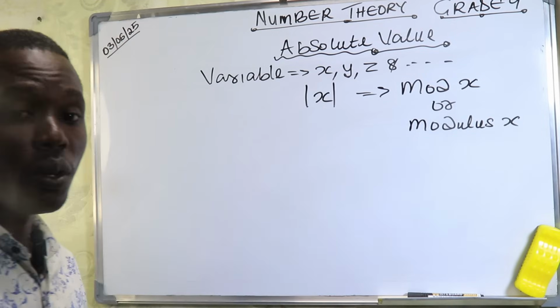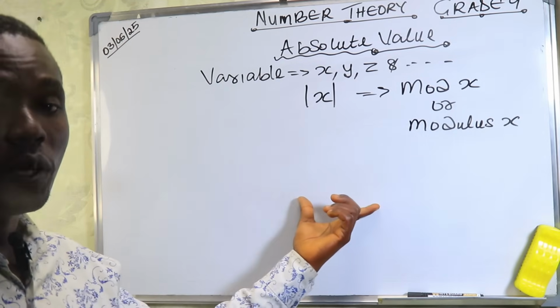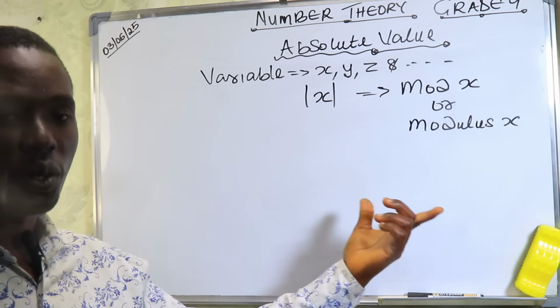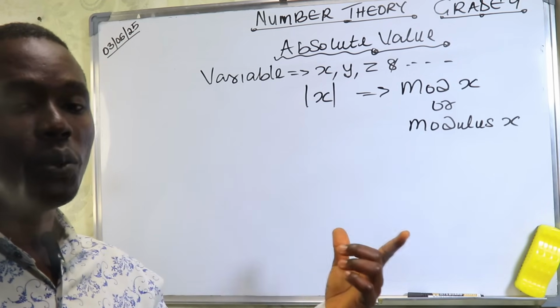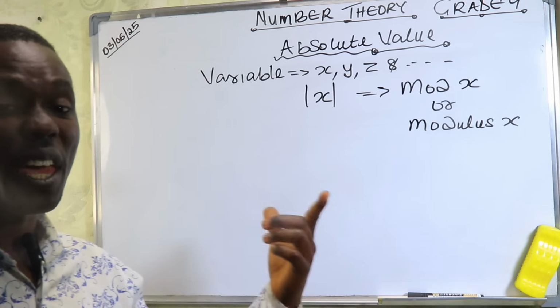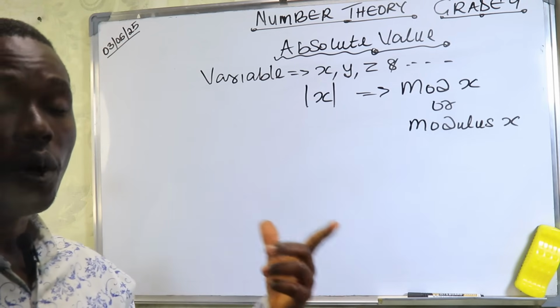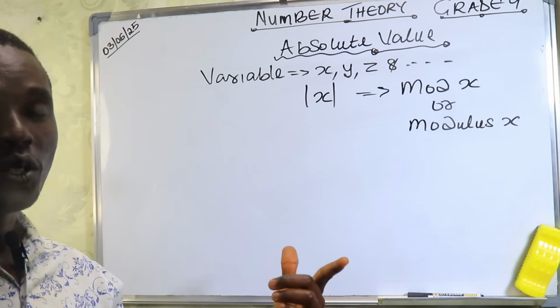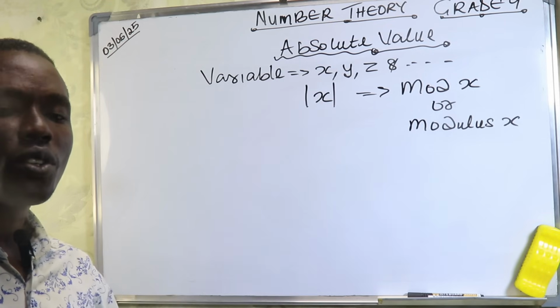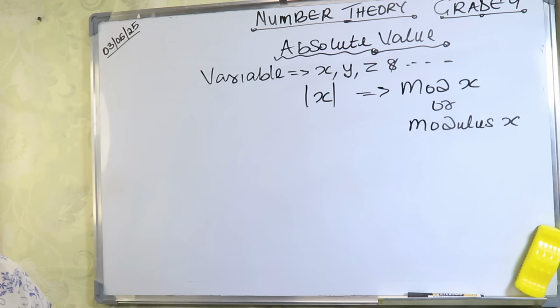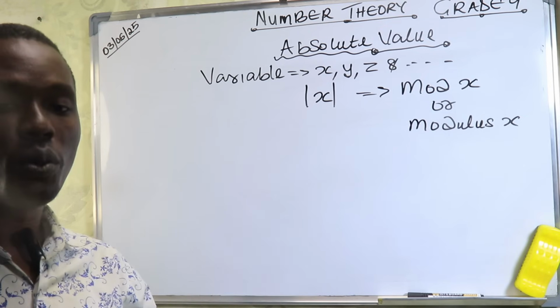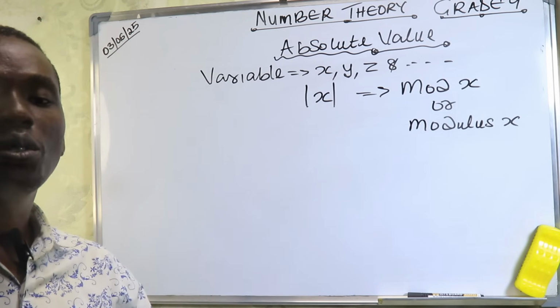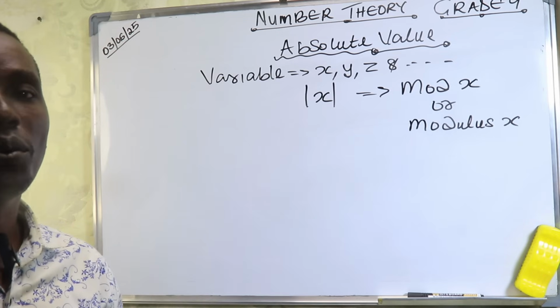Now, modulus is a Latin word which simply means measure. So, absolute value takes the measurement of any given variable or any given material that is given to you. Absolute value is commonly referred to as the numeric value or magnitude of any variable.